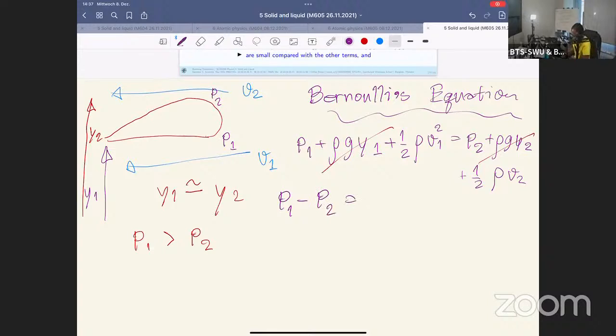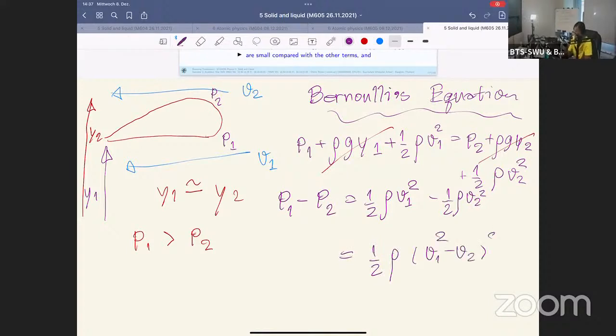If you move this term to the right hand side, sorry, there should be also a square here, 1/2 rho V1 squared minus 1/2 rho V2 squared, you're going to have 1/2 rho times V1 squared minus V2 squared, right?